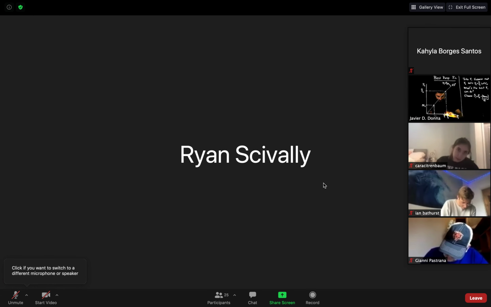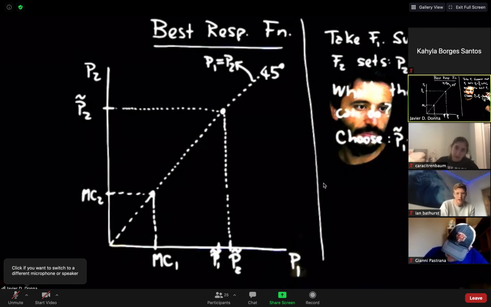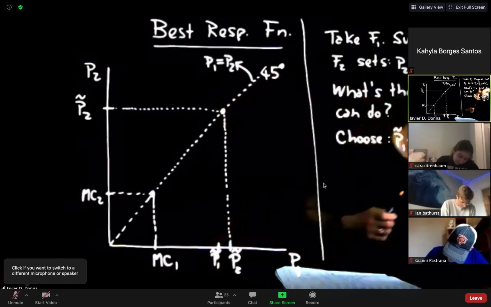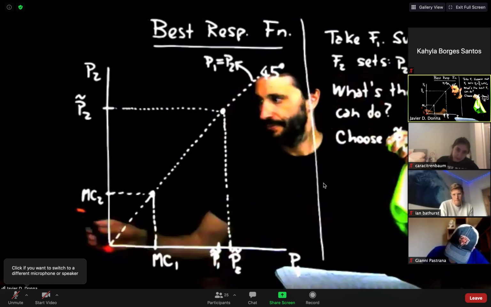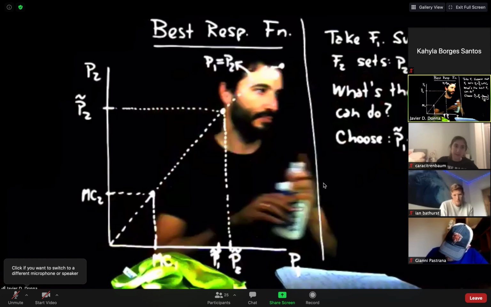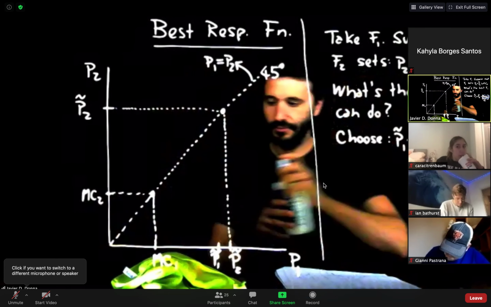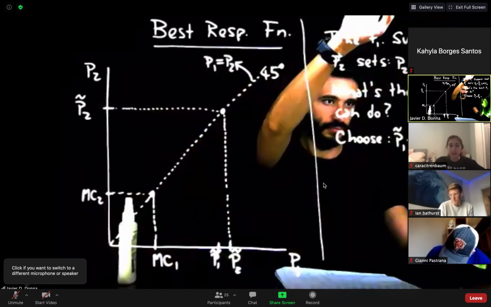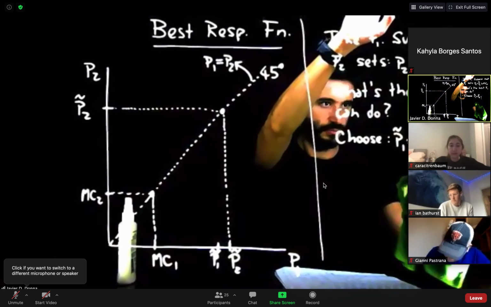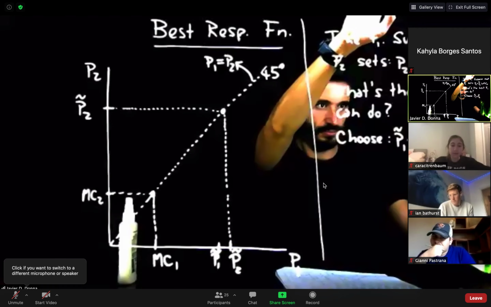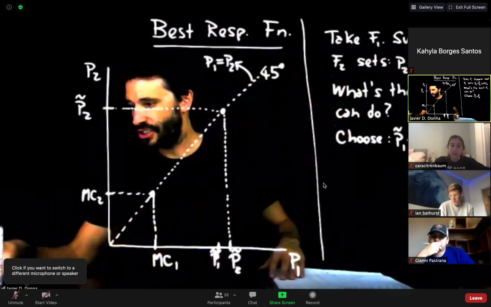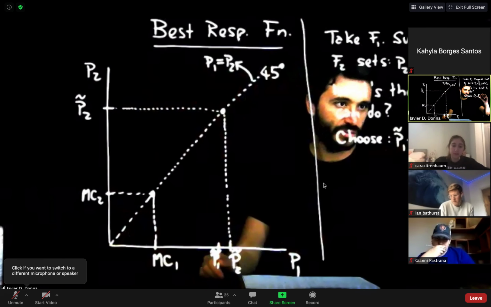My screen is really blurry. What's the word in the parentheses? Penny. I tried to write penny here. You can think about it as 1 cent. It's the minimum increment at which the firms can choose prices.